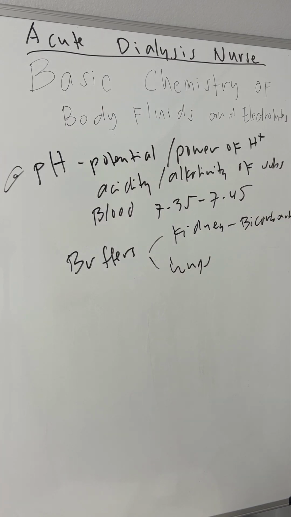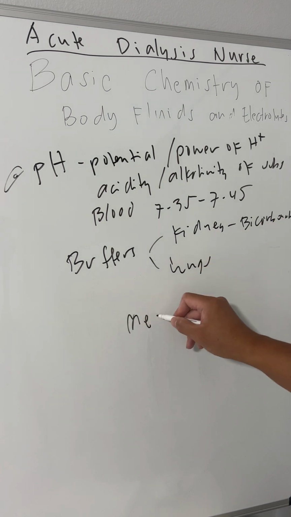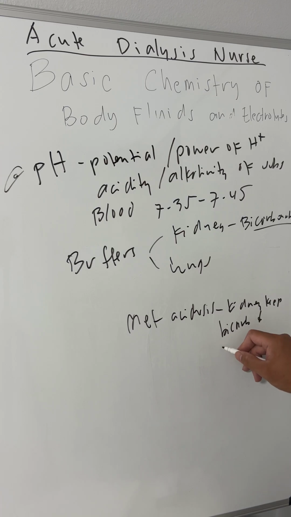So if you have metabolic acidosis, the kidneys keep bicarbonate and waste hydrogen. Metabolic alkalosis is reversed. The kidneys will discard bicarbonate and will keep hydrogen.